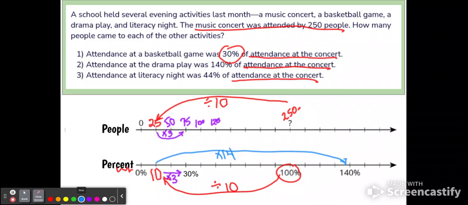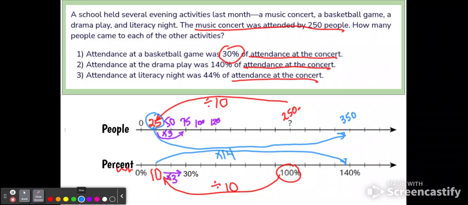So if I know there are 14 groups of 10 in 140, that means I have to take my 25 and I also have to multiply it by 14 to get 140% of 250. 14 times 25, if I use my trusty calculator, I find out that that is 350.